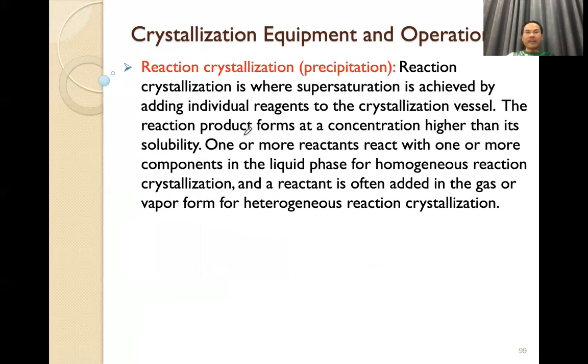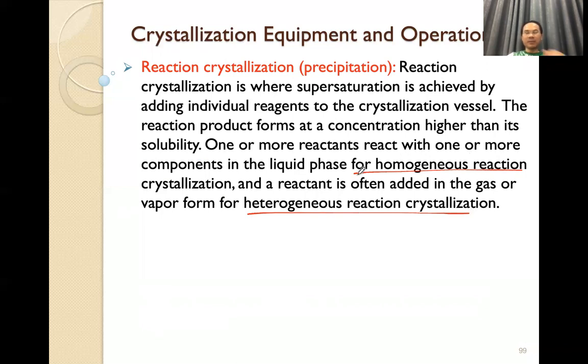Okay. And the last one, the reactive crystallization, which works with precipitation. Reactive crystallization is crystallization where we have a new chemical. We add some reactants, they react together, and then you get the new chemical, and we crystallize the crystal from it. This can be homogeneous reaction crystallization or heterogeneous reaction crystallization.